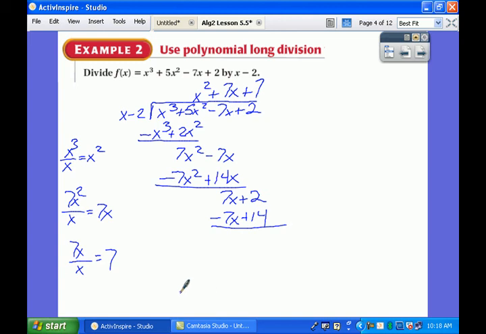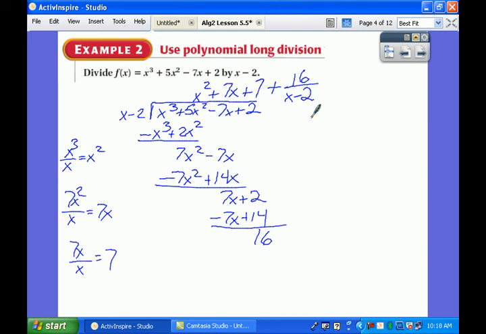Now we subtract. Subtraction does this, and that gives us 16 as our remainder. And I'll write that out as plus 16 over x minus 2. And this is probably my preferred way for you to write remainders at this point.